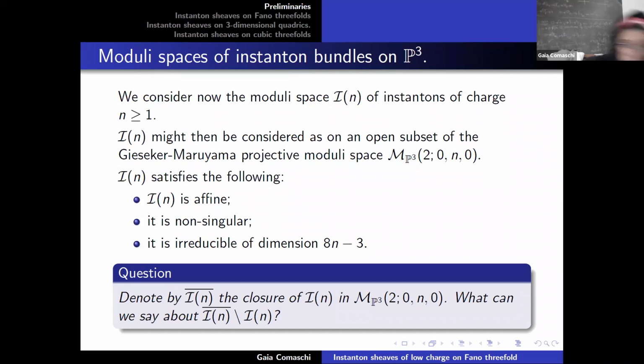If now we consider its closure in the Gieseker-Maruyama moduli space, so the moduli space of torsion-free semistable sheaves of rank 2 and Chern classes 0 and 0, we want to see what happens in this boundary. What happens when we move in E_n bar minus E_n?